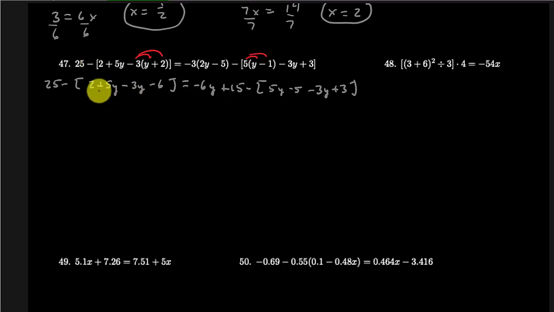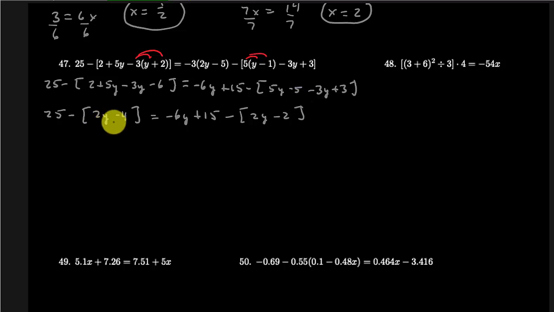So now what I'm going to do is inside these brackets here, I'm going to combine like terms. So that's going to be 25 minus, and then that's 2y minus 4 equals negative 6y plus 15 minus, and then in here we're going to get 2y minus 2.